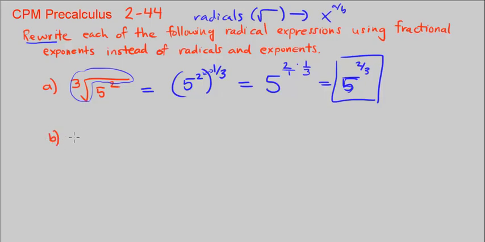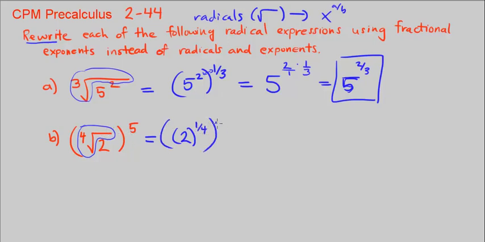B, we're asked the fourth root of 2 to the power of 5. So again, we're not asked to evaluate, so once we get to the fractional exponent, we're done. Remember again, the fourth root just means whatever's inside that root to the 1/4 power, and again, we have that all to the power of 5.